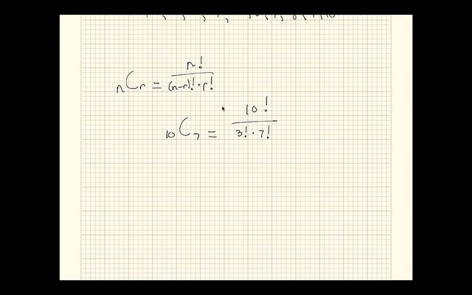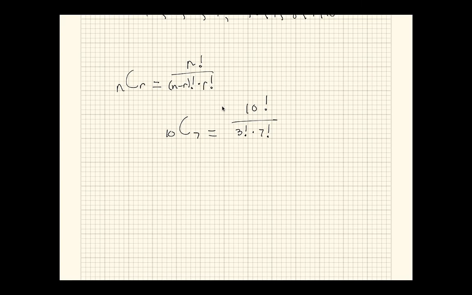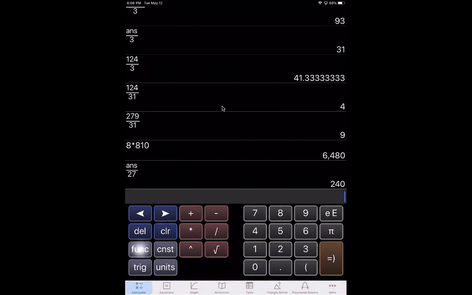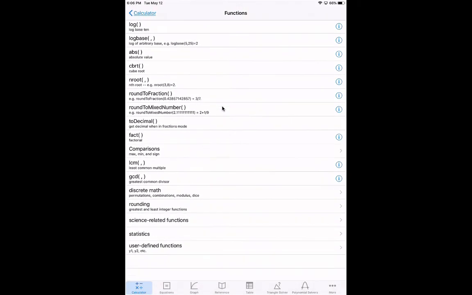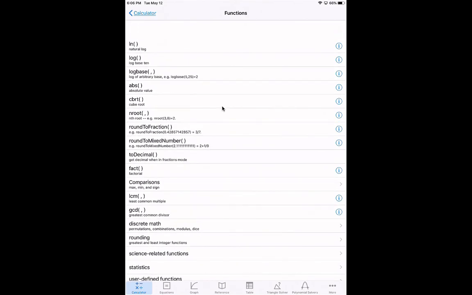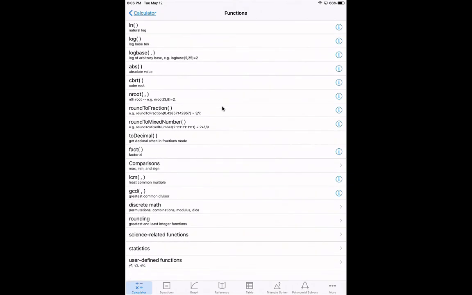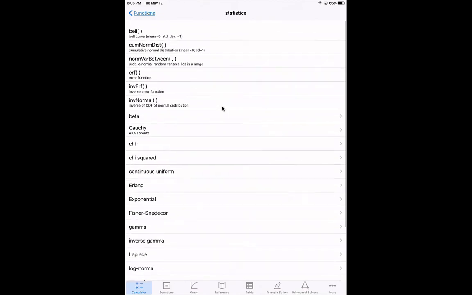If that doesn't make sense, just know the formula and you should be good. I know I'm kind of going on and on. So let's do 10 factorial over, actually, it's probably easier to just use the calculator because I know this has it. Statistics. No, it's not in statistics.